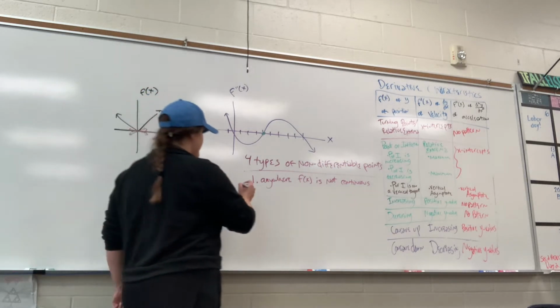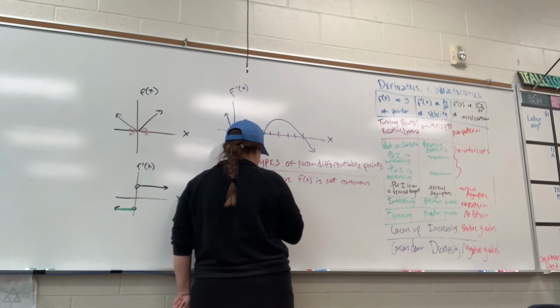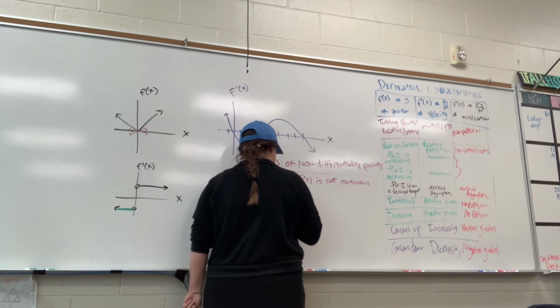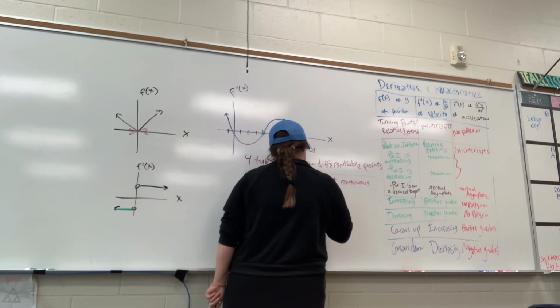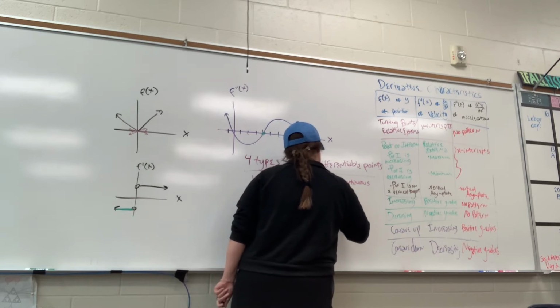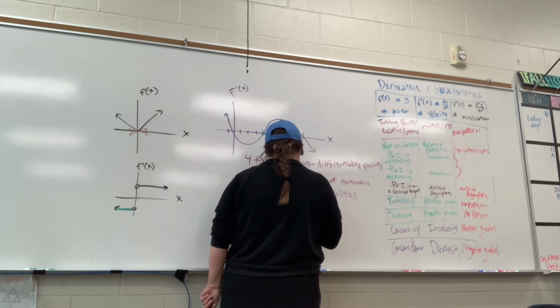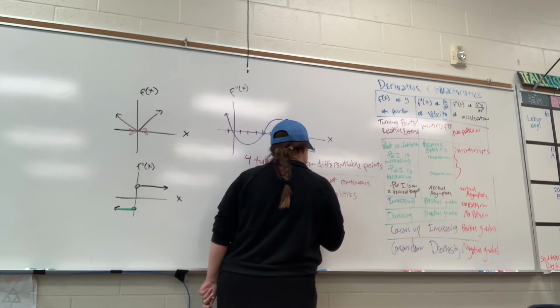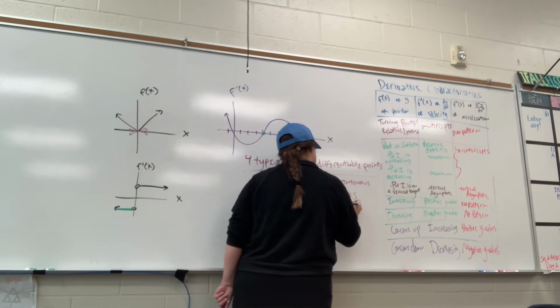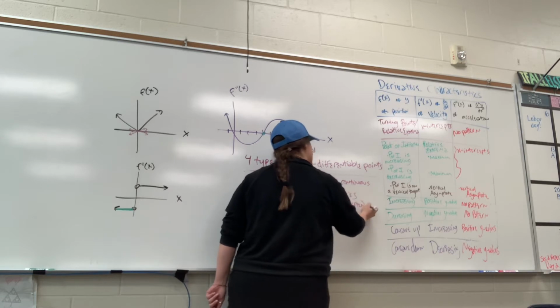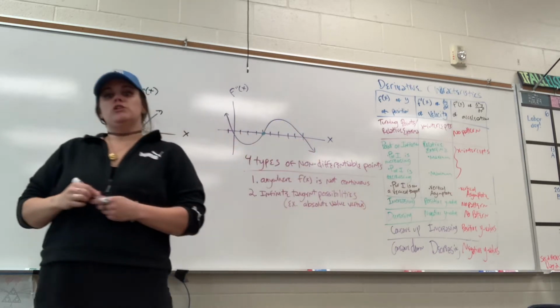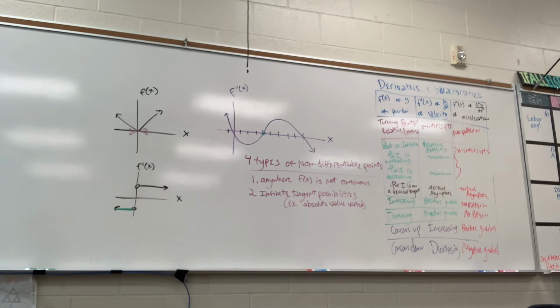Our second type is infinite tangent possibilities. So that's anywhere that comes to an apex. The most used one is the absolute value vertex. Okay? So, again, if my graph is differentiable, then I know it's continuous.